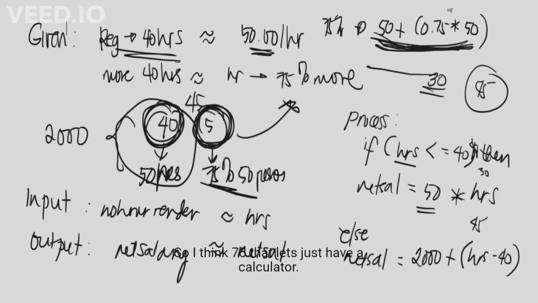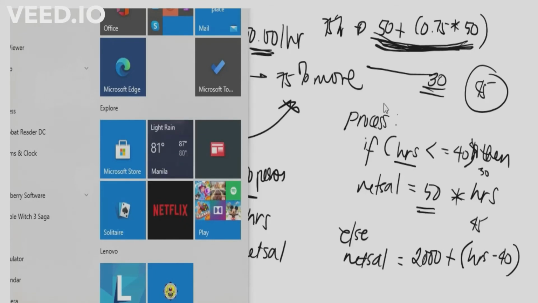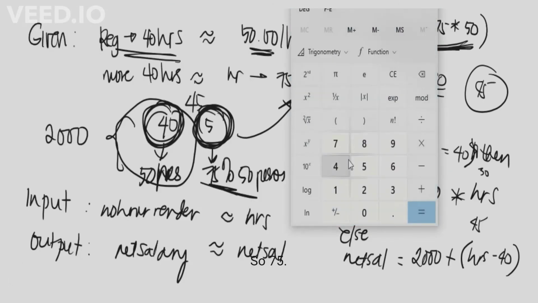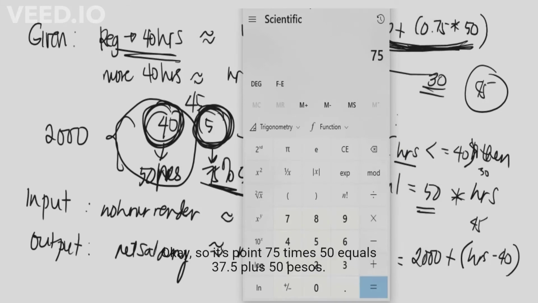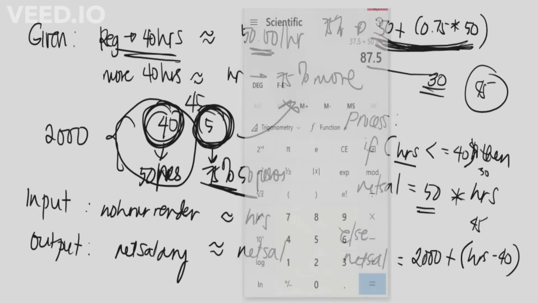Let's just have a calculator. So 0.75 times 50 equals 37.5, plus 50 pesos, so that's 87.5.